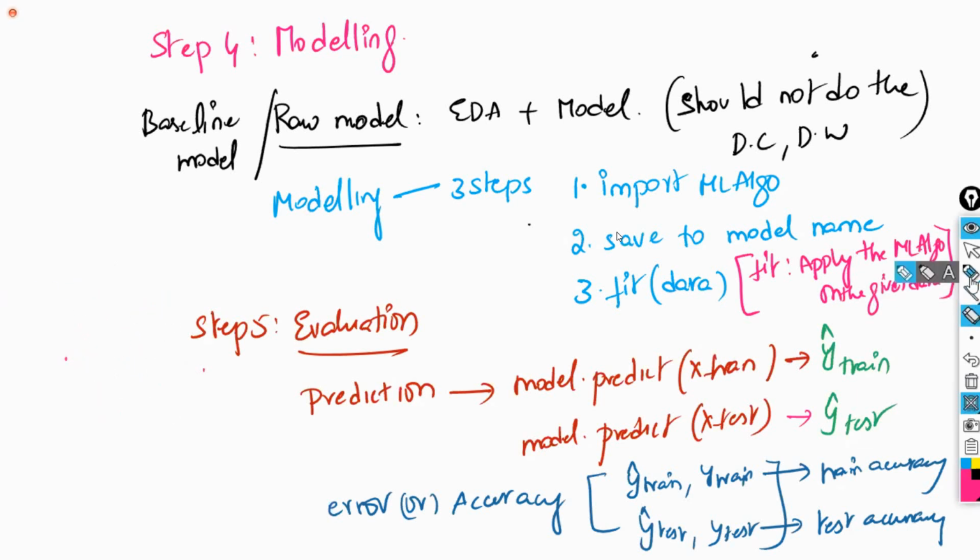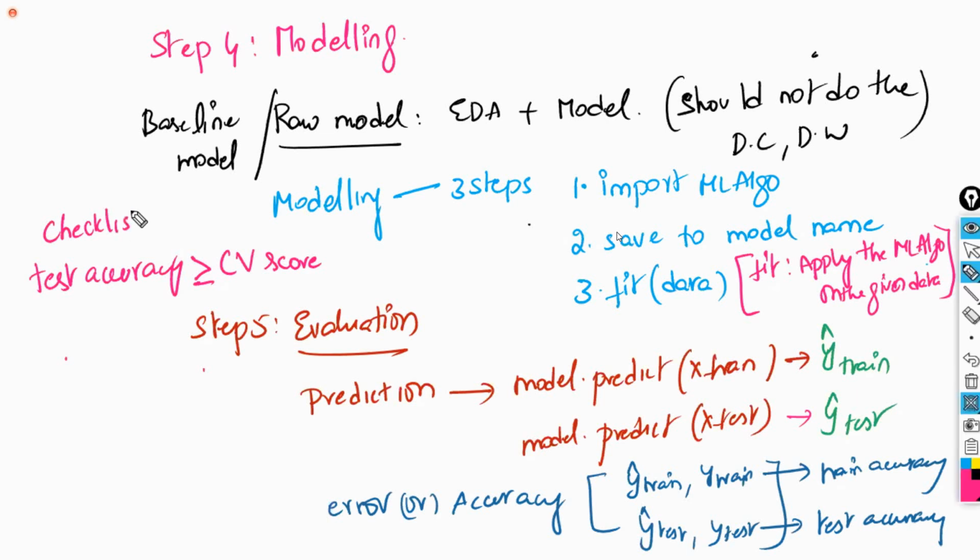And whatever test accuracy you are having, the next step is that the test accuracy should be greater than or equal to your cross-validation score. It should not be less than that. You have to compare with your cross-validation score also. This is called a checklist.